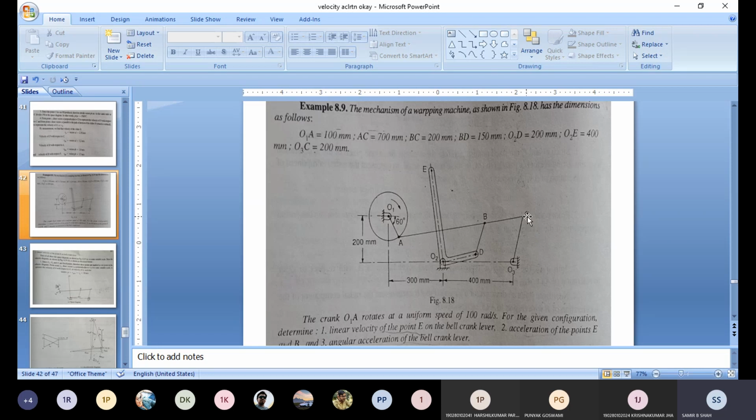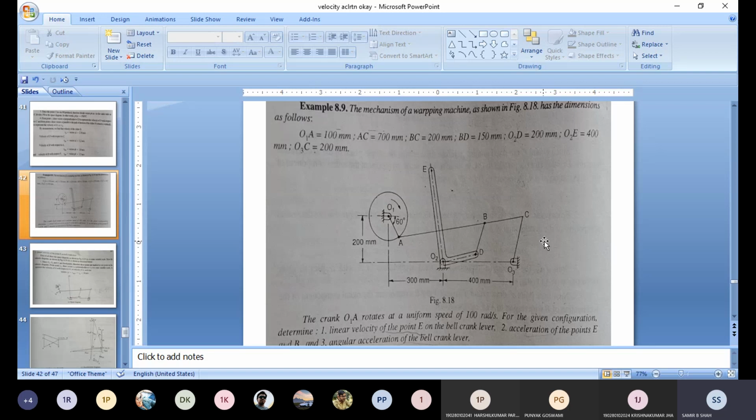So take AC 7 centimeter and arc here. Same way, O3C is 200 mm, so 2 centimeter from O3 and arc on this side. So AC and O3C intersect at point C.